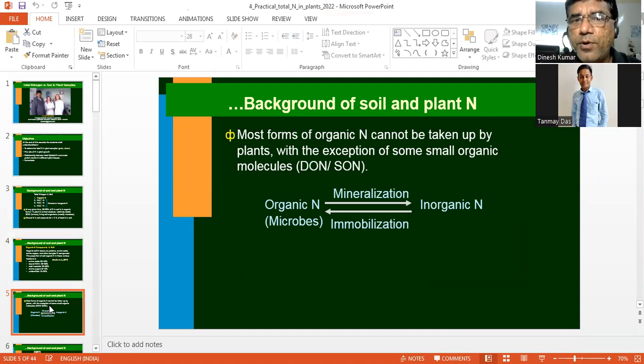Now, most forms of organic nitrogen cannot be taken up directly by plants. As you know, the mineral theory of nutrition suggests that nitrogen or any other nutrient is removed in ionic forms.